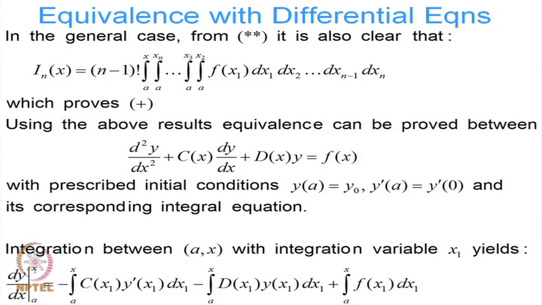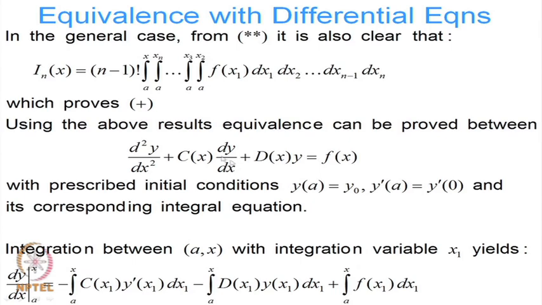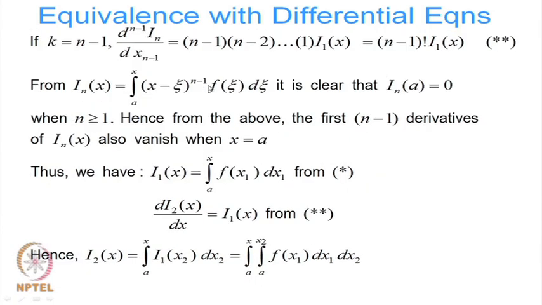And in the general case, by doing this repeatedly, it can be shown that In of x is equal to this. I2 of x is the integral of f of x, integrating it twice.